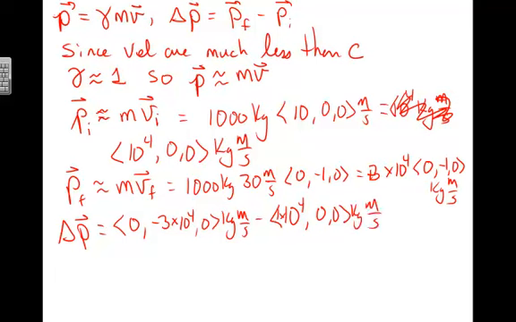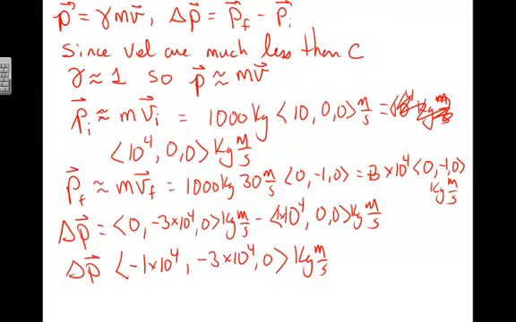And so we just do this component by component. The x component: 0 minus 1 times 10 to the 4 is -1 times 10 to the 4. And -3 times 10 to the 4 minus 0 is -3 times 10 to the 4. And 0 minus 0 is 0 kilogram meters per second. All right, so there's my delta P vector.